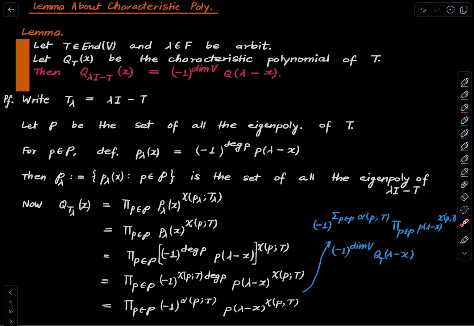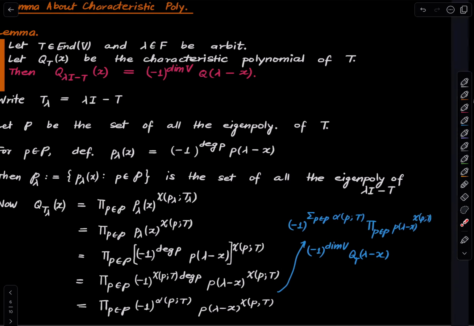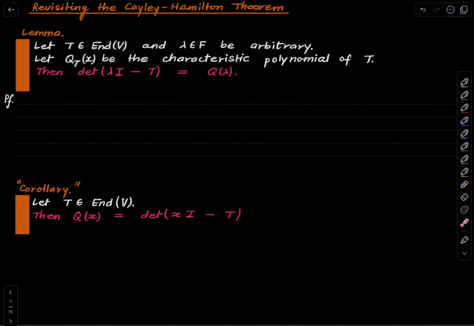Okay. And now we can revisit the Cayley-Hamilton theorem. So if T is an endomorphism and lambda is an element of the base field, and if q denotes the characteristic polynomial of T, then the determinant of the translated endomorphism is q of lambda. Now here we will use material from the previous lecture.